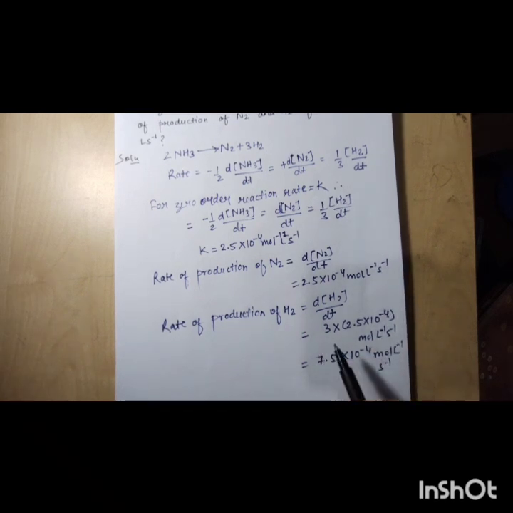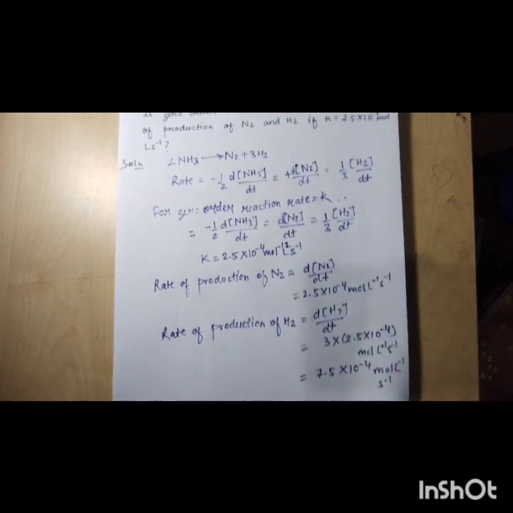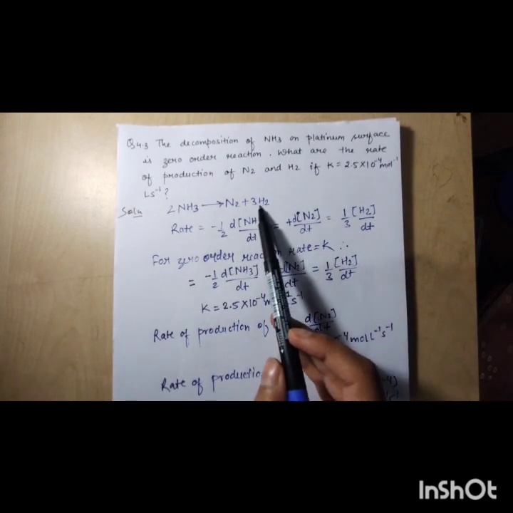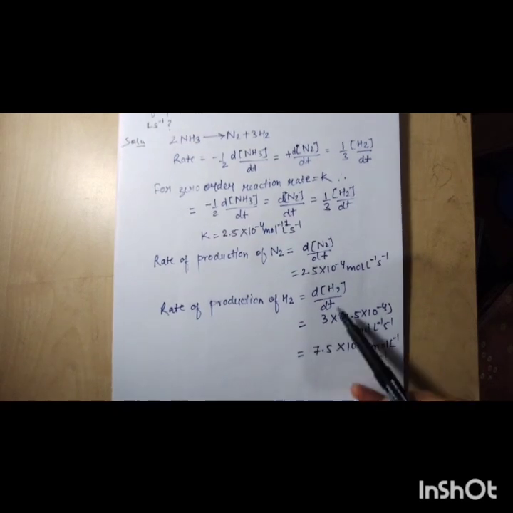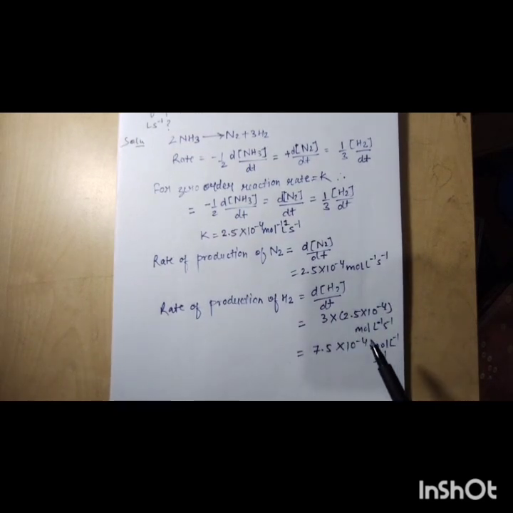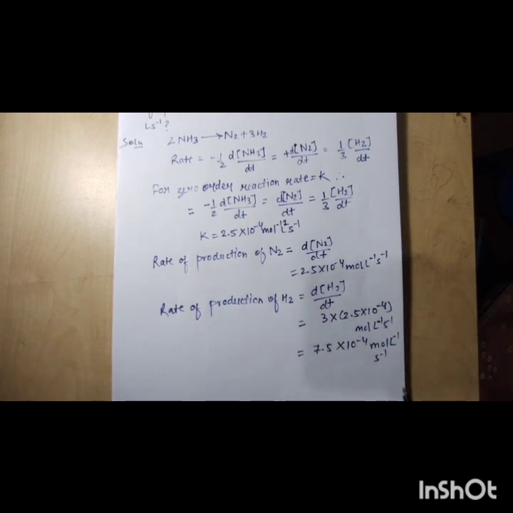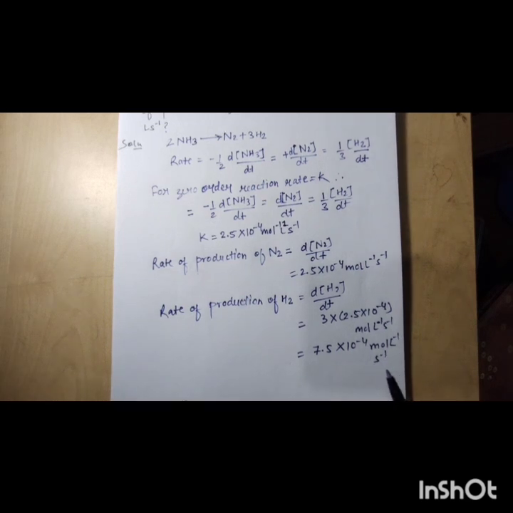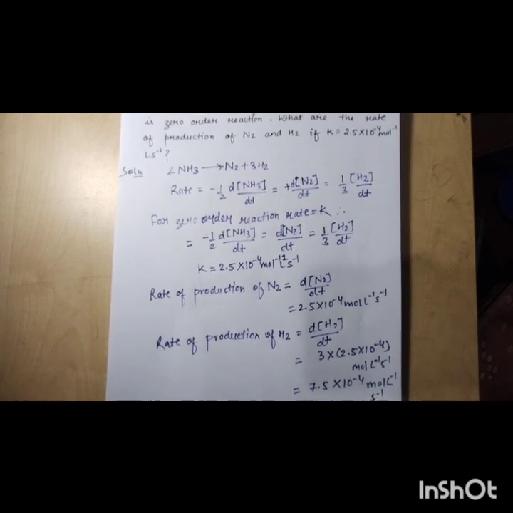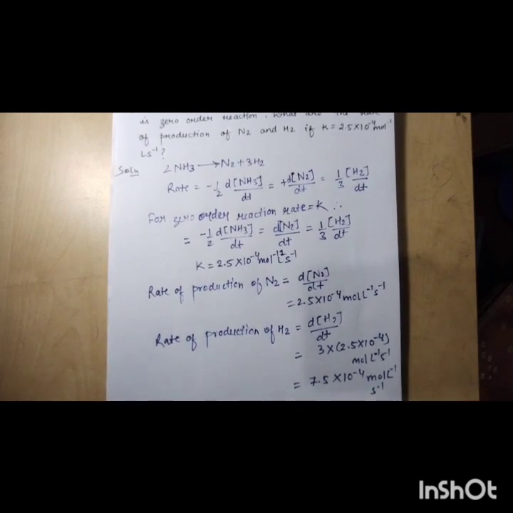Why do we multiply by 3? Because 3 moles of hydrogen are given, and this is the rate law expression. So we will multiply by 3. So this is the answer. You have to calculate by writing the rate law expression of the various reactions, and by writing the rate law expression you will find the answer, that is the rate constant.